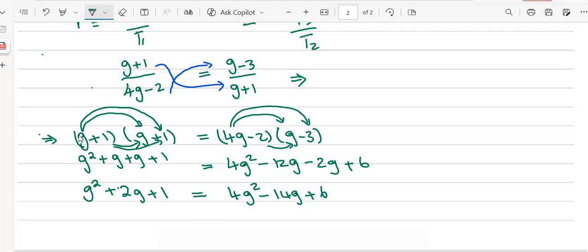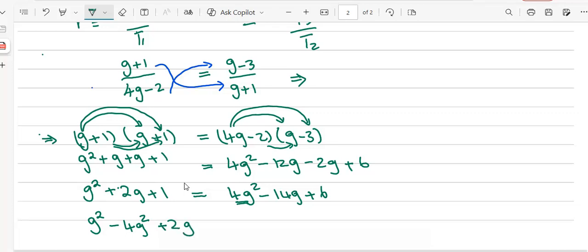Okay, I think everything is good now. So what we're going to do is to group the like terms. We can just move everything to the other side. So this will be g squared. Let's move this 4g squared to the other side to be minus 4g squared. Then I have plus 2g.